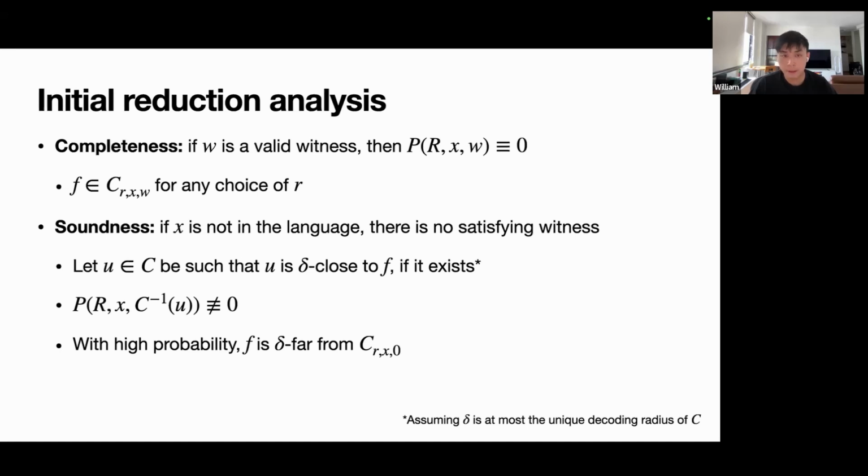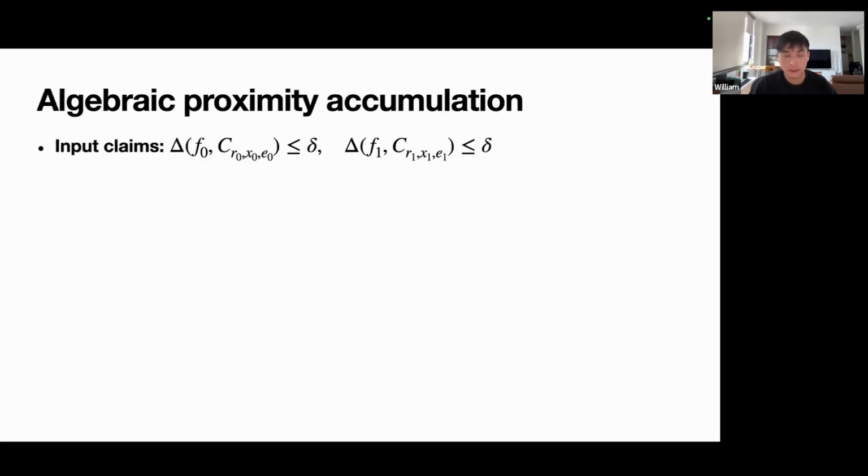Okay. So with that, let's get to our main construction, which is this accumulation scheme, this many-to-one reduction for algebraic proximity claims. We have two input claims: first, that F_0 is delta-close to some subcode, and also that F_1 is delta-close to some subcode.